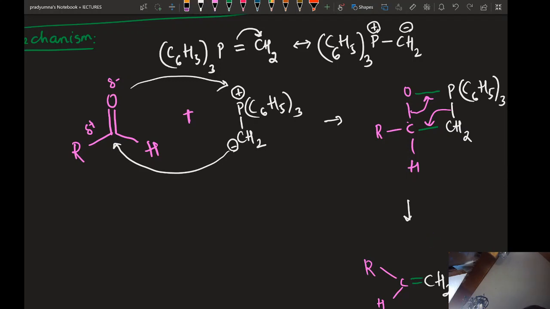Let me draw it right on top of it so that you will know. Oxygen, P, (C6H5)3, phosphine oxide. Oops, sorry, phosphorus was white.